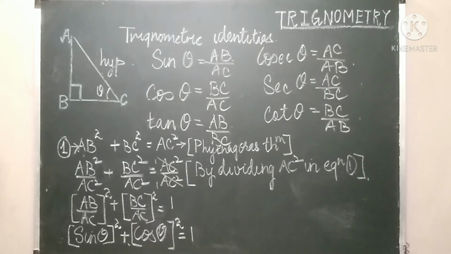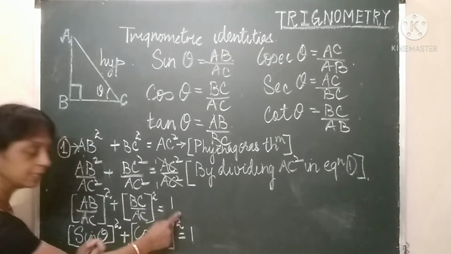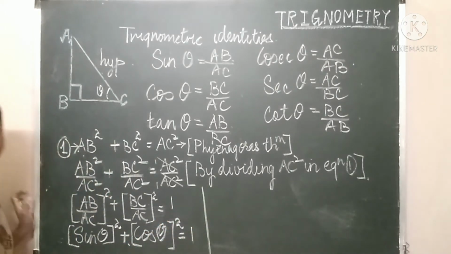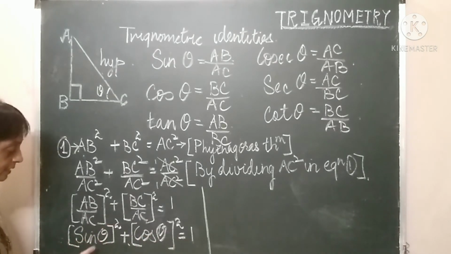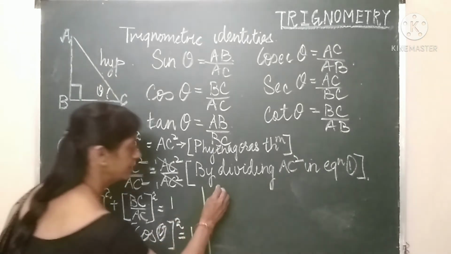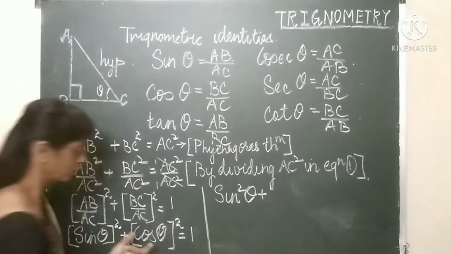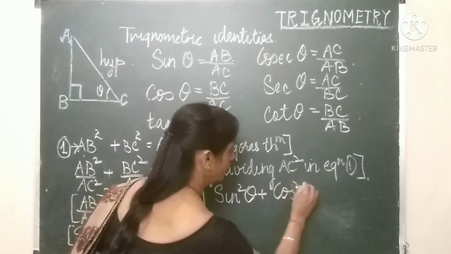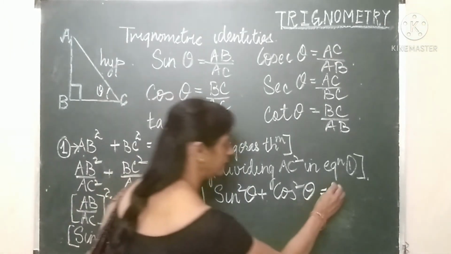So finally children, what are we getting over here? Sin theta the whole square plus cos theta the whole square is equal to 1. In other words, we get the first trigonometric identity. That is sin theta the whole square can be written as sin square theta, plus cos theta the whole square can be written as cos square theta, which is equal to 1.